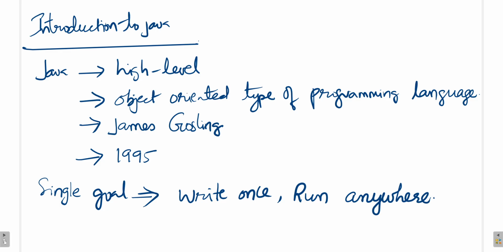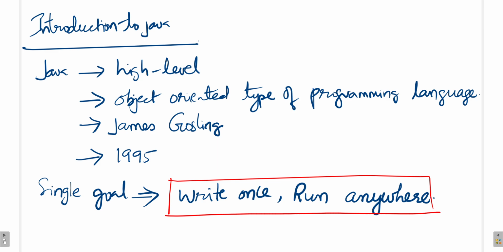Write once and run anywhere is the motto or vision behind the Java introduction. What is the meaning of this statement? The meaning is that a Java program written on one operating system can run on any other operating system. So that is the main concept of using Java.